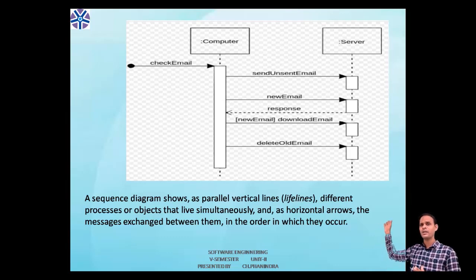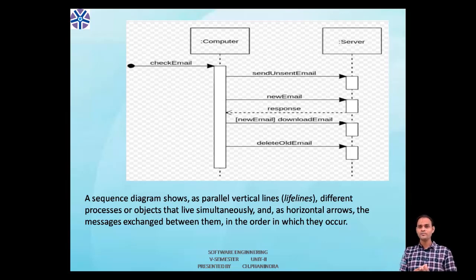Based on the above diagram, a sequence diagram shows parallel vertical lines called lifelines, which are different processes or objects that live simultaneously, and horizontal arrows, the messages exchanged between them. Based on the horizontal arrows, we can pass the message, meaning we can exchange messages between them.